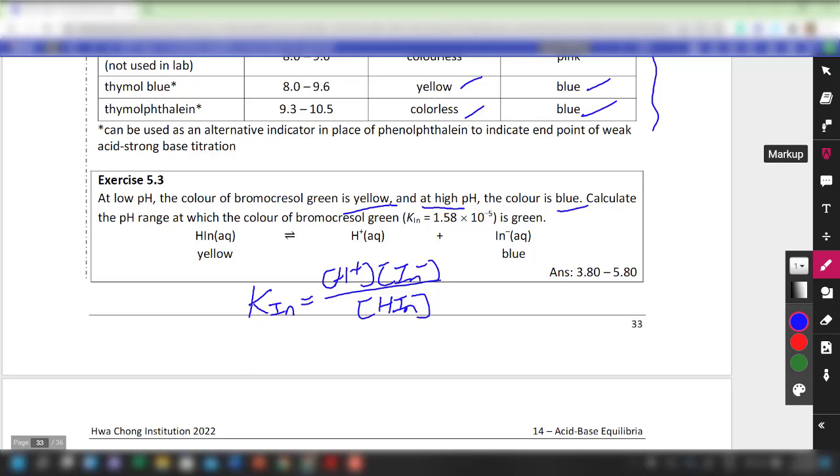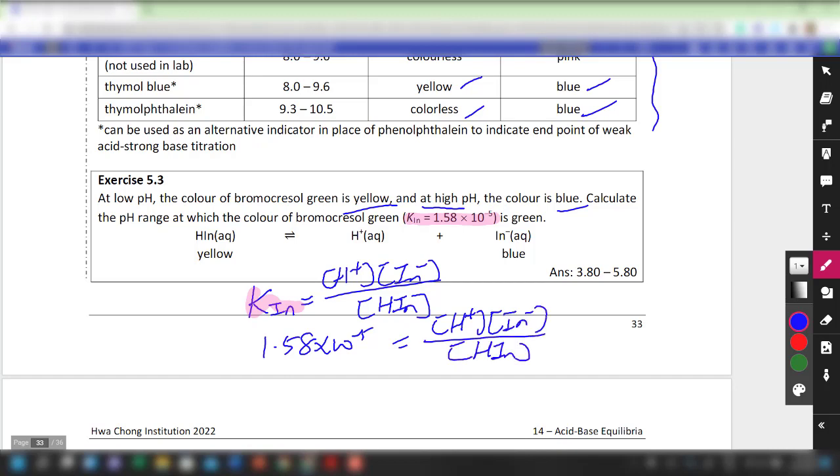We know the equilibrium constant of the indicator, which is 1.58 times 10 to the power minus 5. Let's see what we can do from here. We can just sub in the values: 1.58 times 10 to the power minus 5 equals the concentration of H+, concentration of In-, divided by HIn.